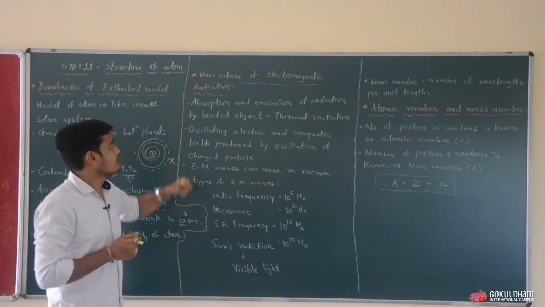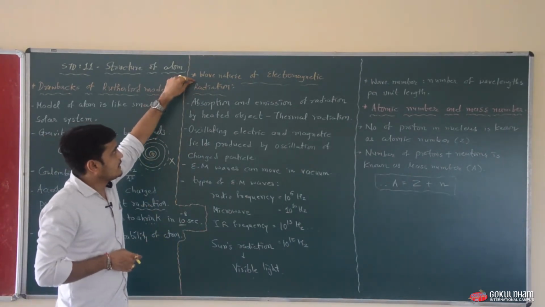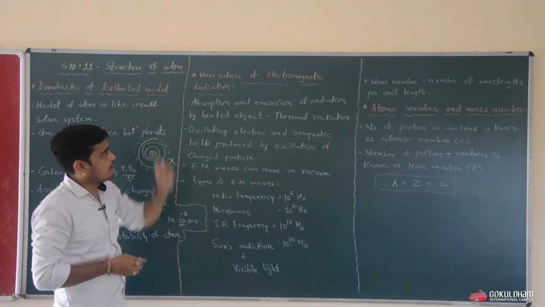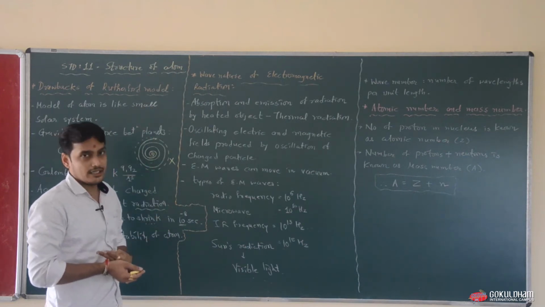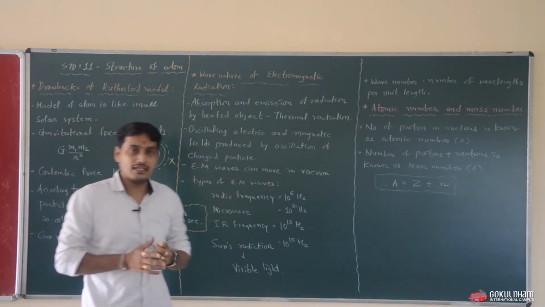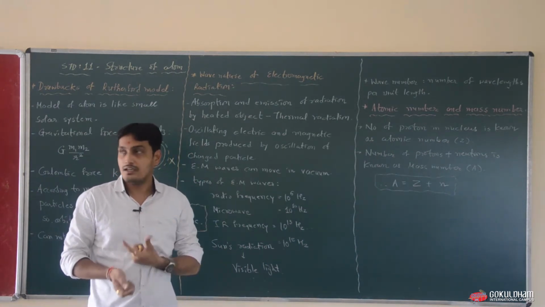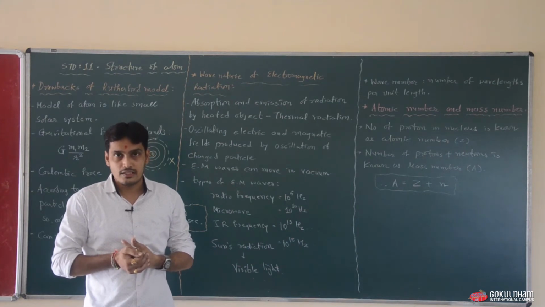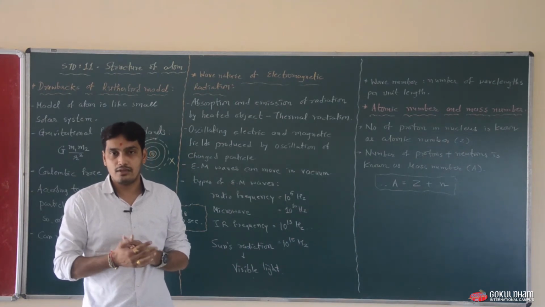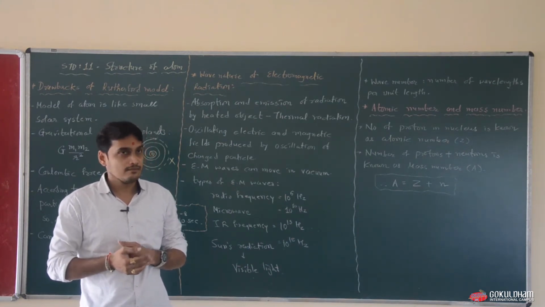Now, another theory, that is the wave nature of electromagnetic radiation. Electromagnetic radiations are produced when a charged particle is moving around the nucleus in the presence of electric and magnetic fields.